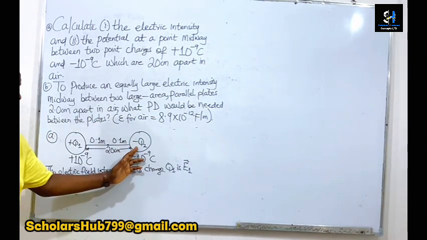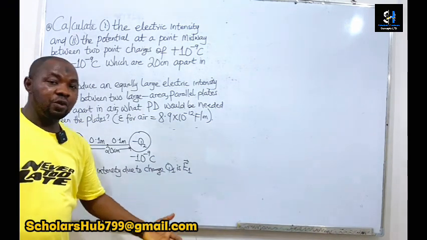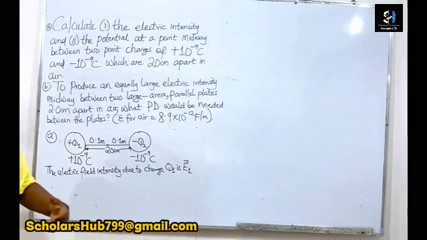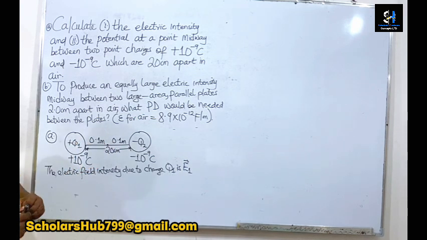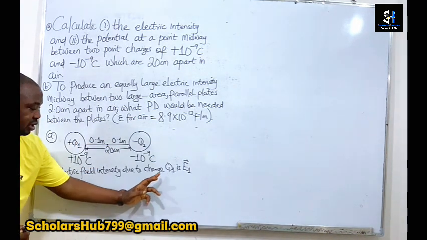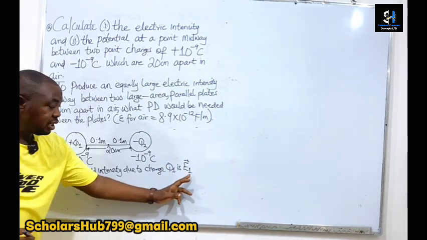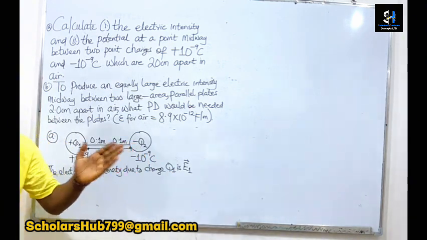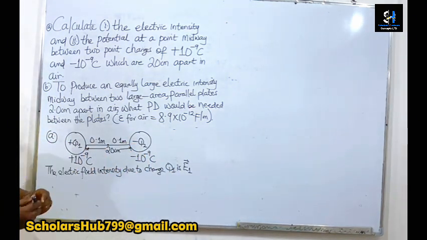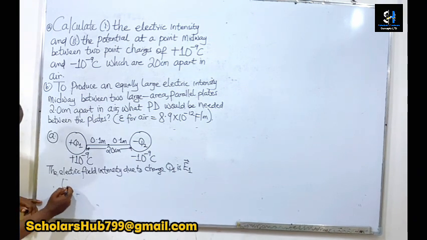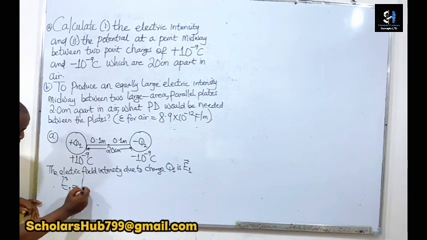This is the negative charge, and the field lines come into a negative charge. So the electric field intensity due to charge Q1 is E1, because the field points away from charge Q1.